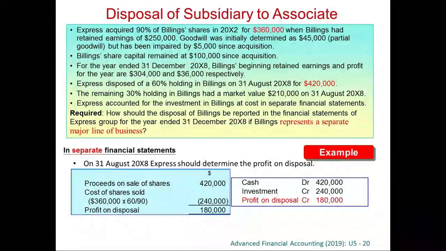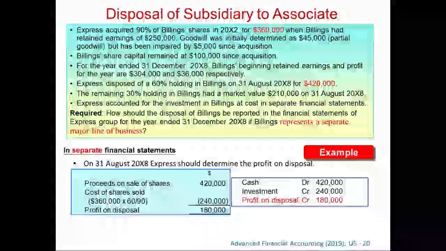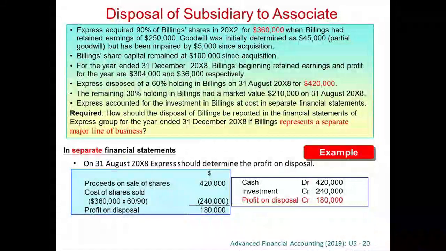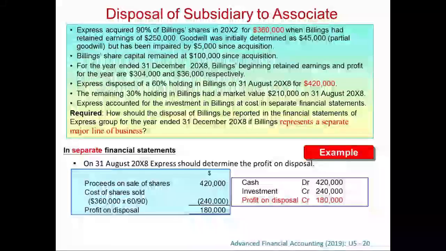So it changed from a 90% subsidiary into a 30% associate. So that's why we have to consolidate until the day of disposal.